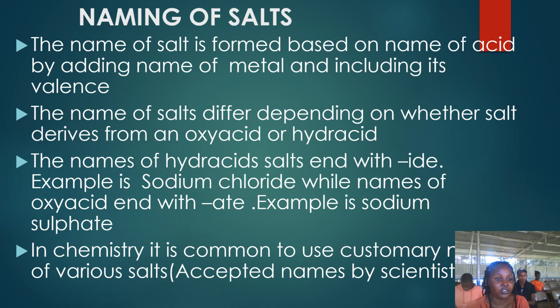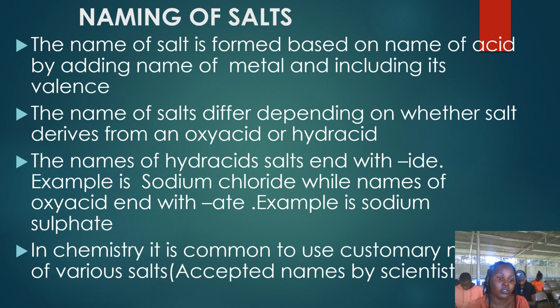Rule 2: for salts that contain a metal cation, the name of the metal is used as the first part of the name. Rule 3: for salts that contain a polyatomic ion, an ion composed of more than one atom, the name of the polyatomic ion is used as the second part of the name.